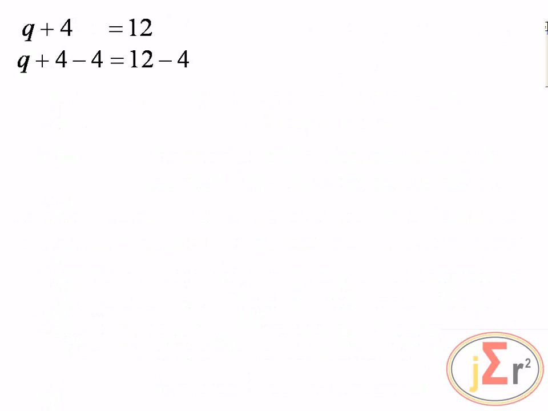Q plus 4 is equal to 12. And we are taking out that intermediate step that you know already. We do not have to eliminate that intermediate step, but generally, by the time you are in grades 9, 10, 11, 12, 13 in high school, you will be omitting a lot of unnecessary steps.